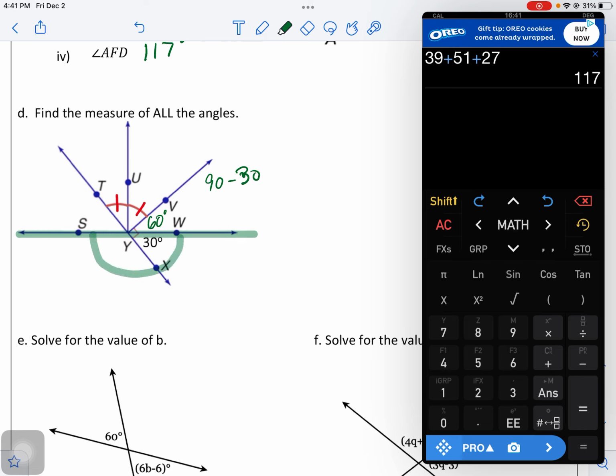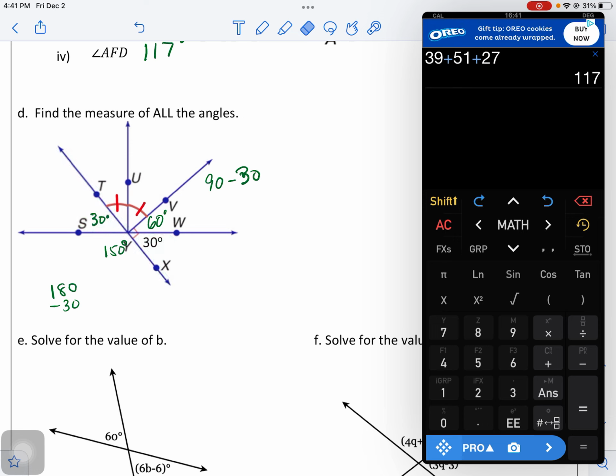These angles added together equal 180 degrees. So 180 minus 30, this angle is 150 degrees. Now I notice that here's a straight line and here's a straight line, so this angle is 30, which means this angle is also 30. We call that vertical. They're vertical angles, so they are congruent.